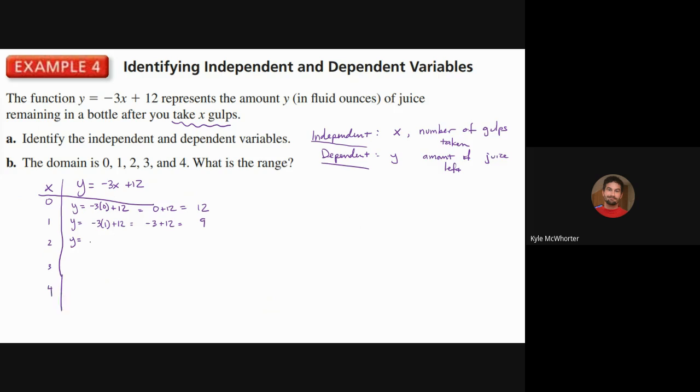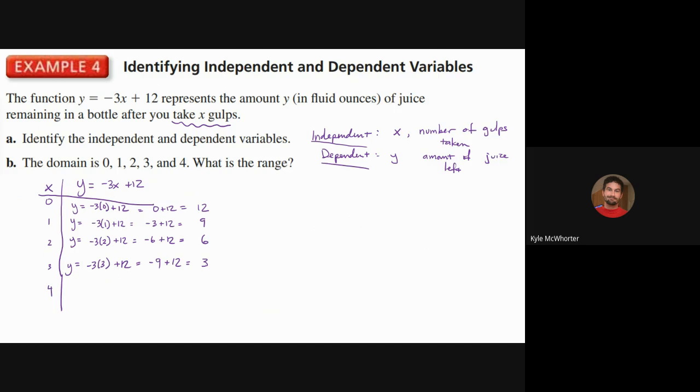We're doing negative 3 times 2 plus 12, which is negative 6 plus 12, and that is 6. When x is 3, we're doing negative 3 times 3 plus 12. That's negative 9 plus 12, which is 3.